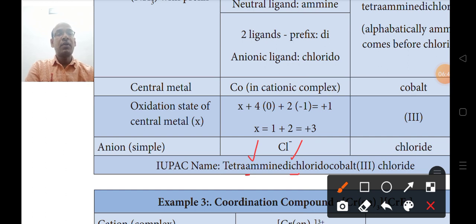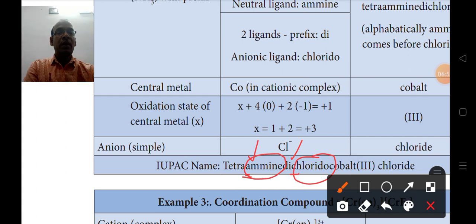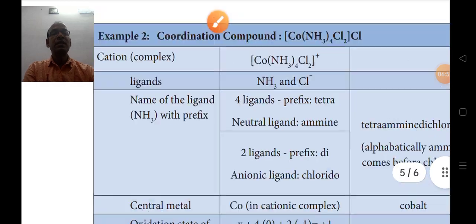Therefore, ammonia is named first, and secondly, the chloride ion is named. In this case, ammine and chlorido. This is the ligand naming method.